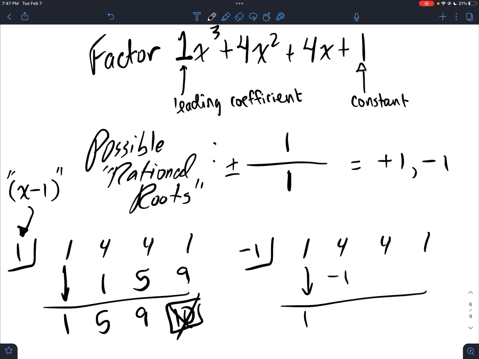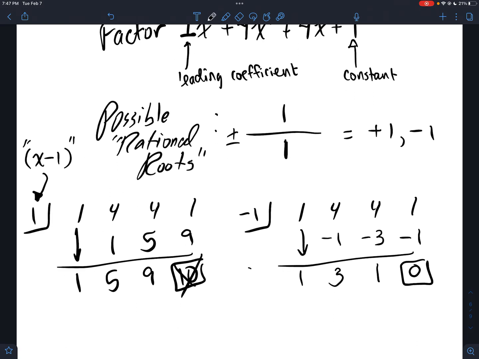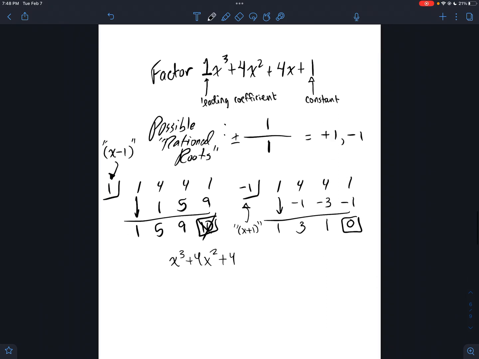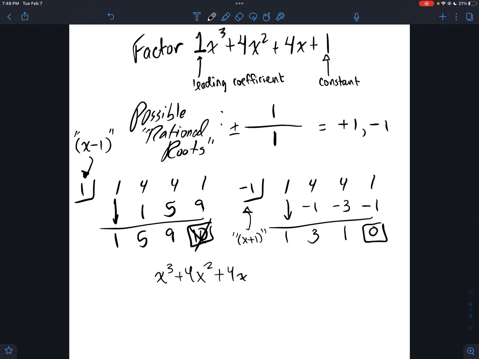But let's see if this one works any better. So if we bring down the 1, multiply by -1, add down, multiply by -1, add down, multiply by -1, and there you go. You got a 0. That means, if you remember from synthetic, if this is x plus 1, then the cubic, this guy up top, did I write it down here?